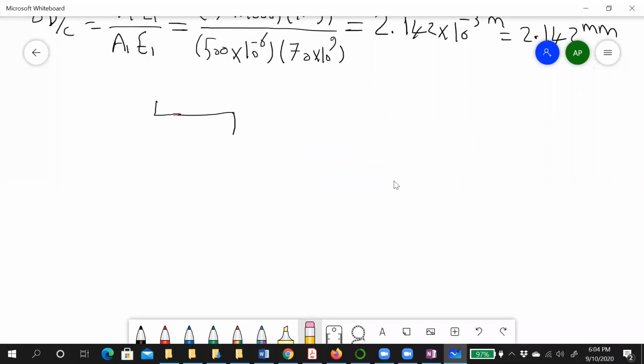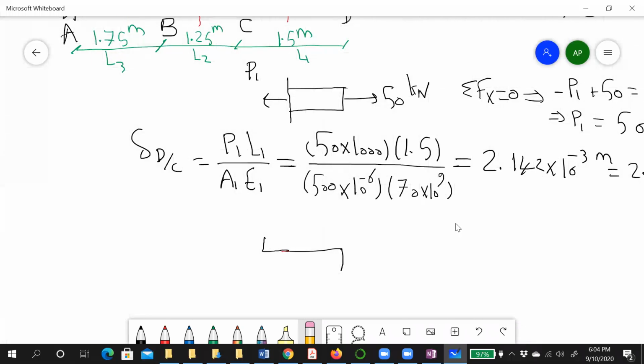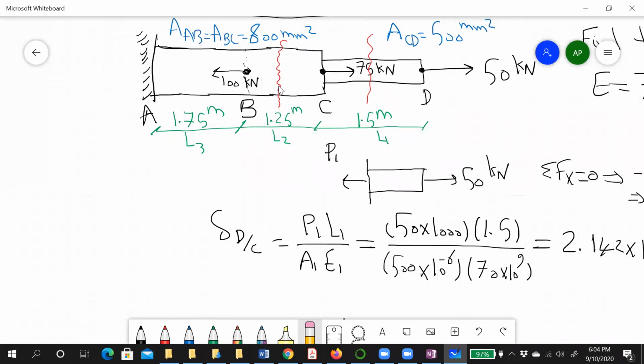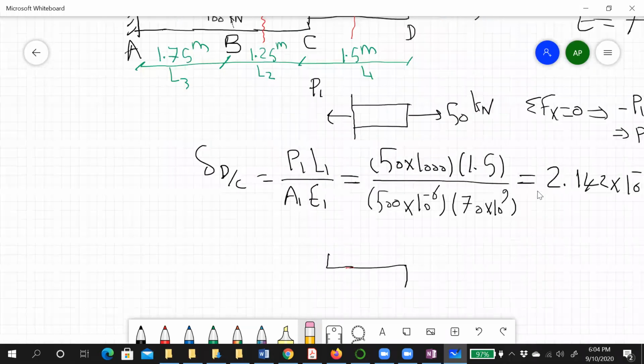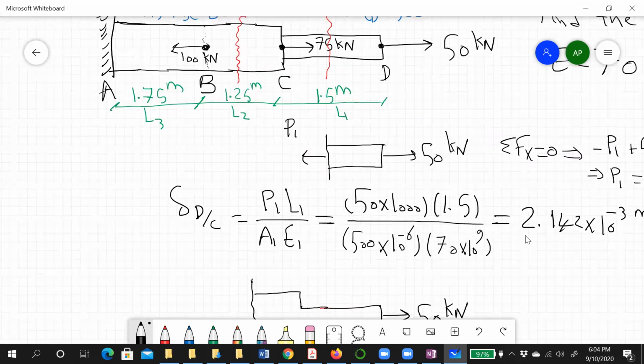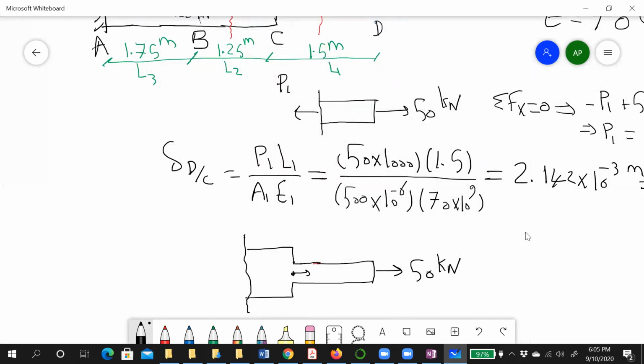Okay, now we got it. Let's go for segment CB. In the section, we have 50 kilonewton here and 75 kilonewton here, and that's the internal force.